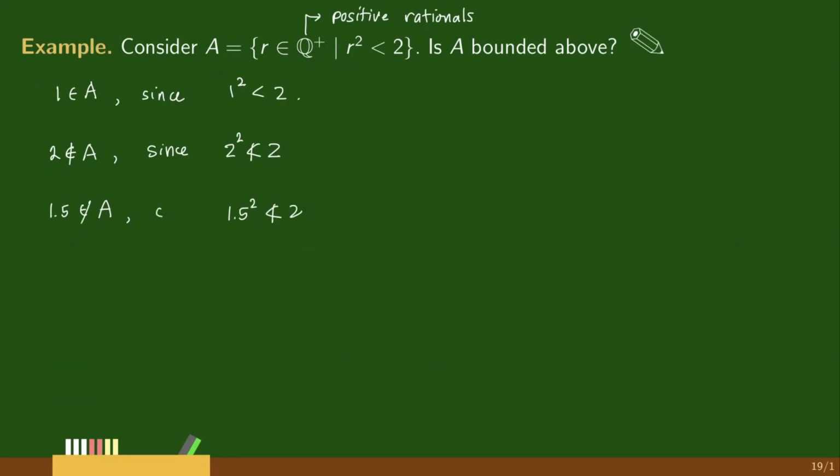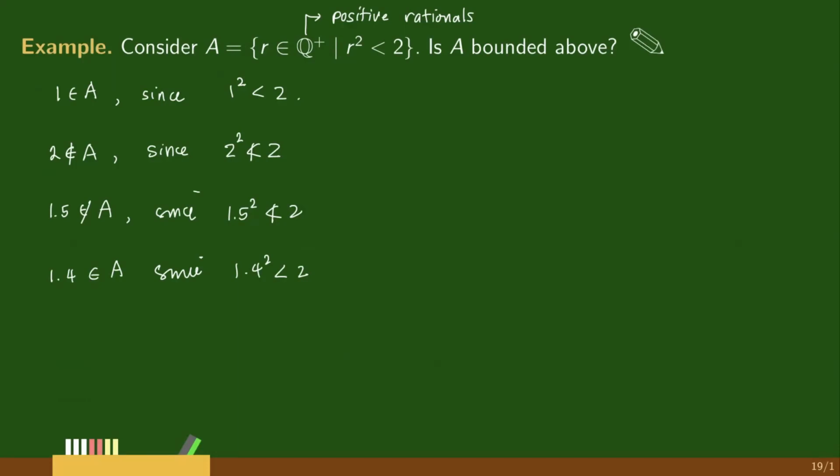So no. So 1.5 is a little high. Okay, babawi tayo. Let's say 1.4. Is 1.4 an element of A? Yes, kasi ang 1.4 squared, 1.96. So 1 and 1.4 are elements of A.